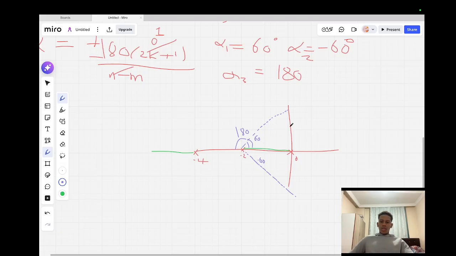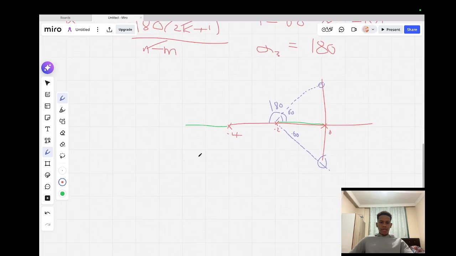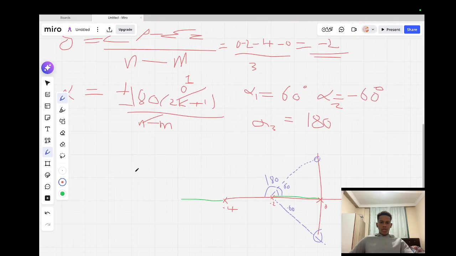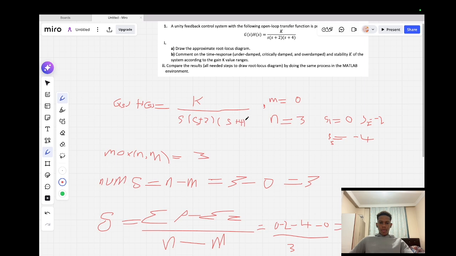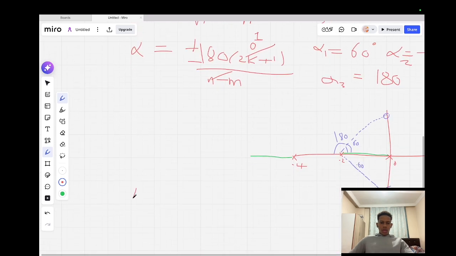So after that we need to define the cross-section between the asymptote and the imaginary axis. To find this intersection, we need to find 1 plus G multiplied with H equals 0.